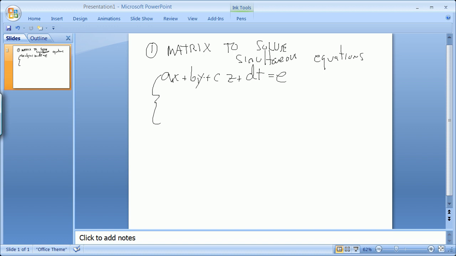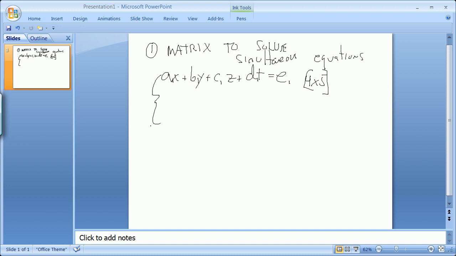So if you have this equation here, you would need 1, 2, 3, 4 equations because you have 4 unknowns, so you would have a 4 by 5 matrix.